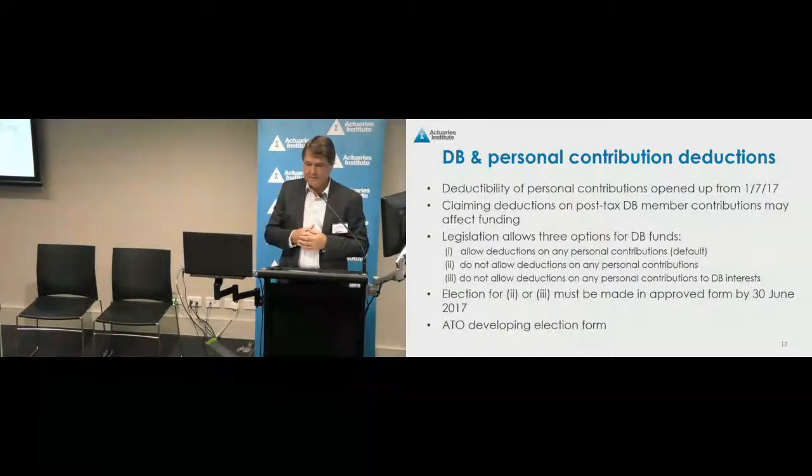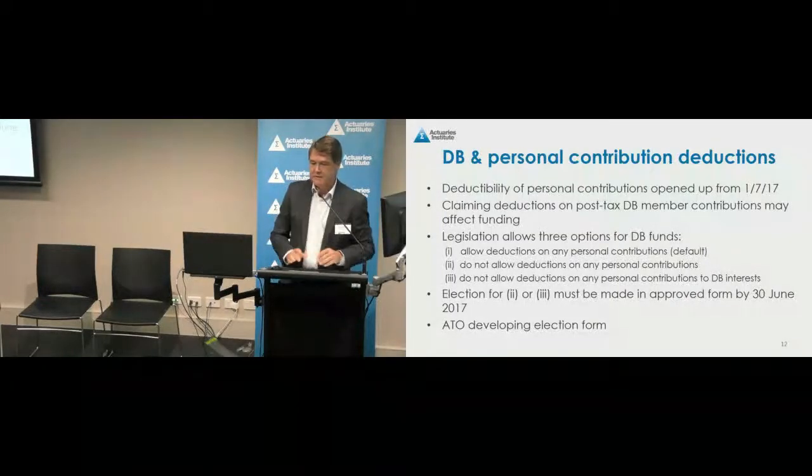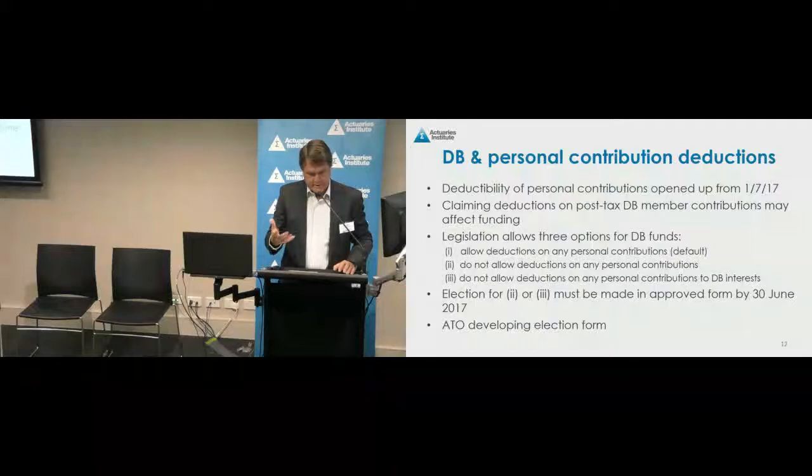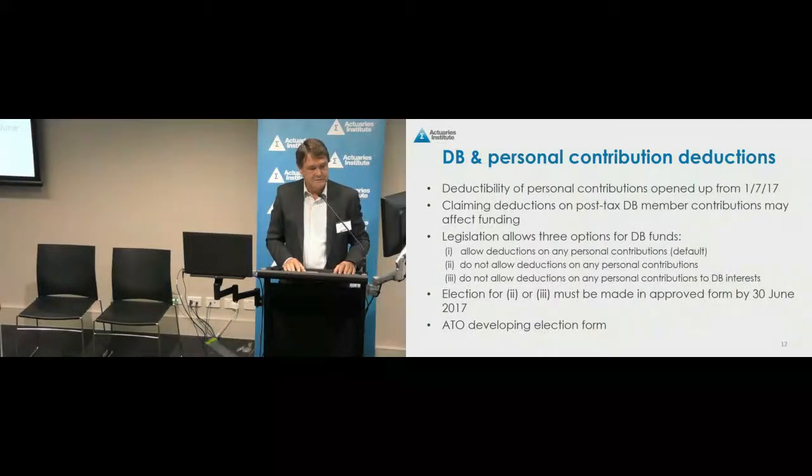We can see that there will be a number of administrative challenges in allowing a tax deduction for after-tax member contributions that are funding a portion of a defined benefit interest.